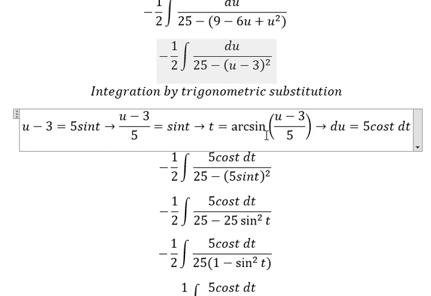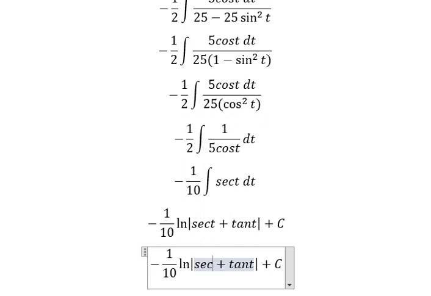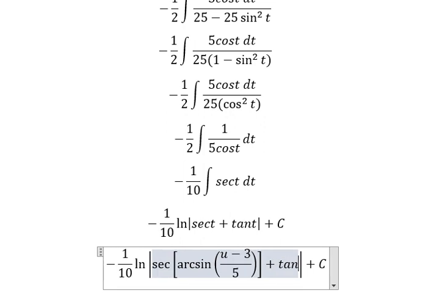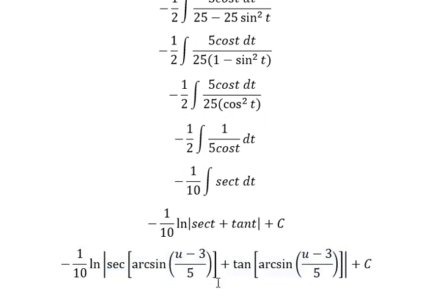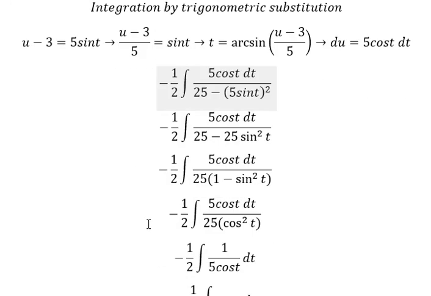So I will put this one to change for t. So u is cosine 2x.